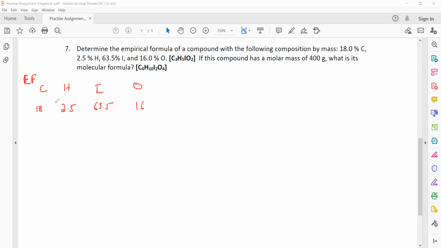So what we do, to find the empirical formula, the first step is divide by atomic mass. That is always the first step.